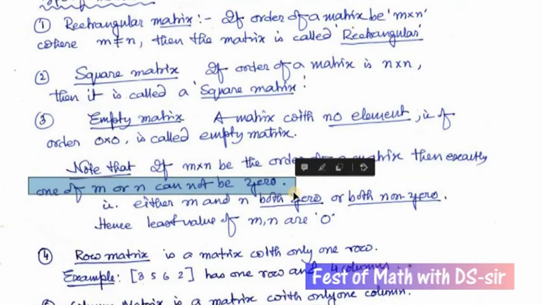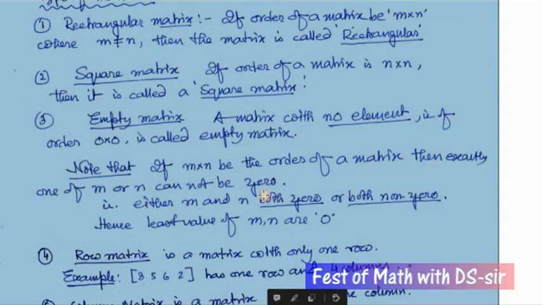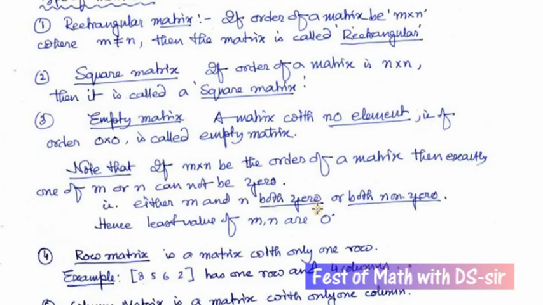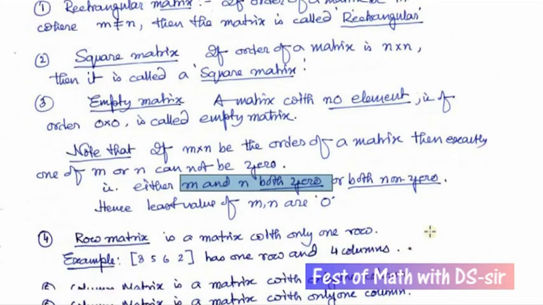You can't construct a matrix which has no row but 2 columns or 1 column. Similarly, no columns but 1 row is not possible. So m and n are both 0 or both non-zero.